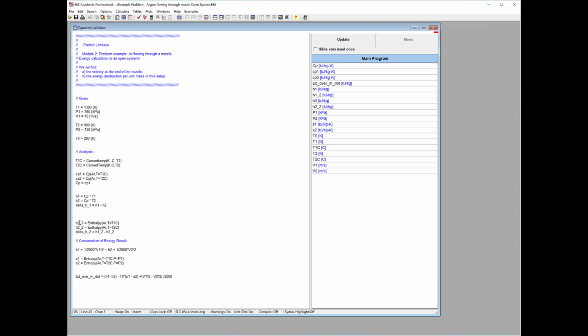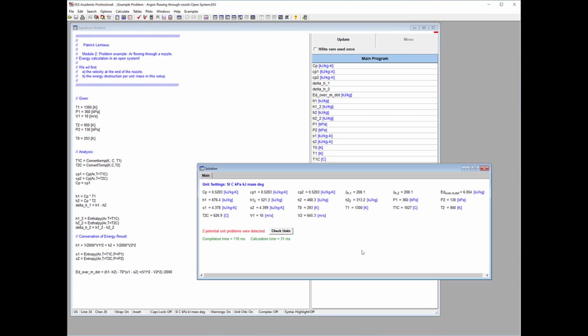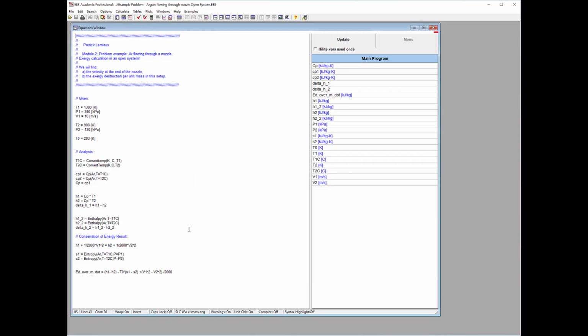Okay, so what I'm saying is that if it's just a datum issue, then delta H2 is going to be equal to delta H1. So let's save that and do it. And what do we have? Delta H1 is 208.1. Delta H2 is 208.1. There you go.